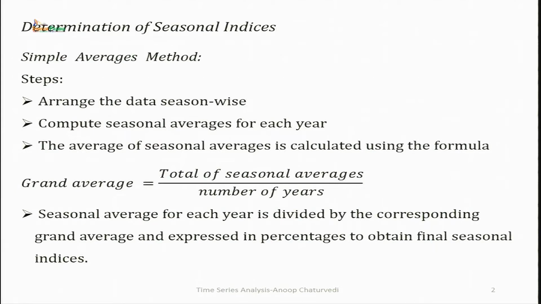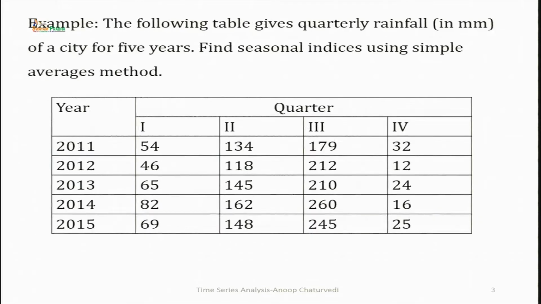And then the seasonal average for each year is divided by the corresponding grand average and expressed in percentages to obtain the final seasonal indices. So, this is how you get the seasonal indices using this procedure.